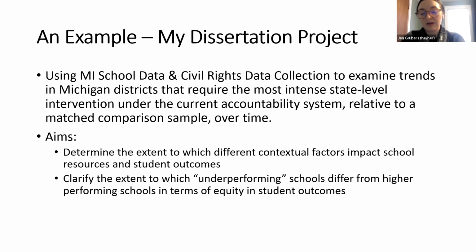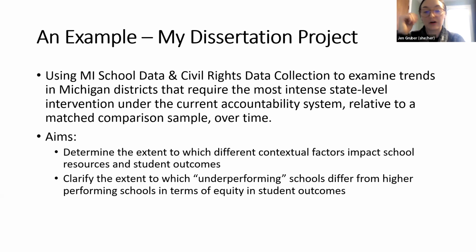And I really want to look at the extent to which different contextual factors, and by that I mean proxy variables that I've been able to source from this data that might represent contextual factors, impact school resources and student outcomes.